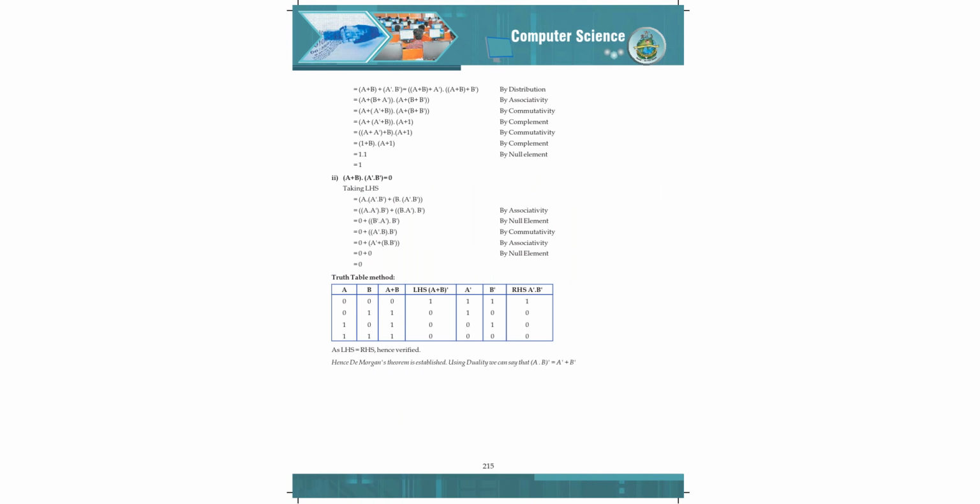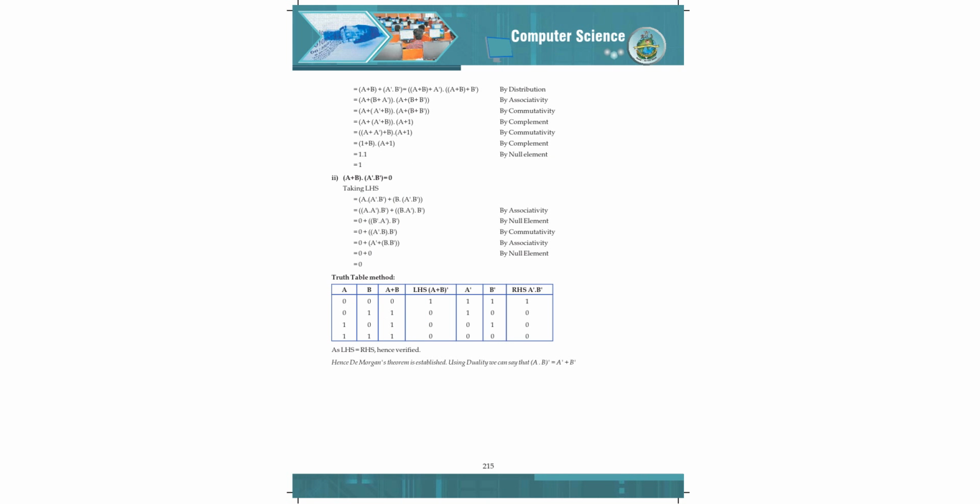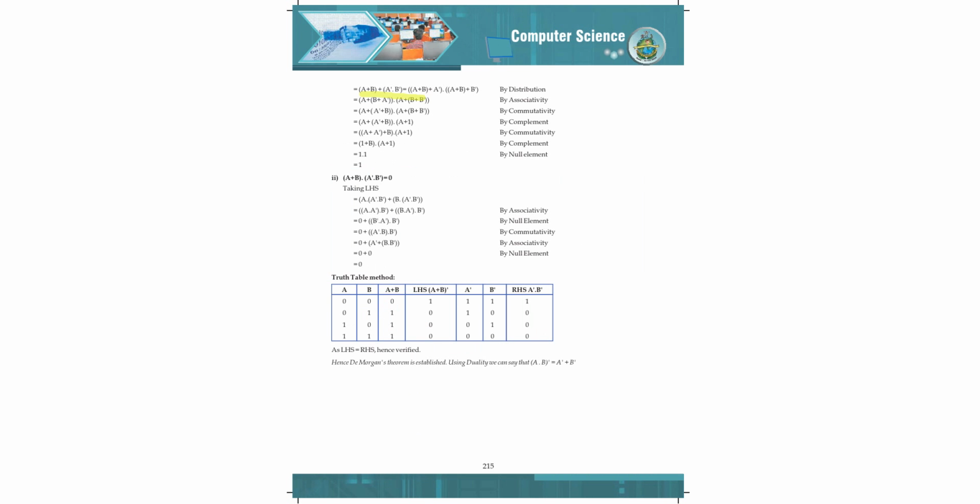Fine. See here how you will do that. This is your De Morgan's theorem. First you will take the LHS. This is your LHS. Fine. A plus b plus a bar dot b bar. Instead of 1 you can write this. Fine.